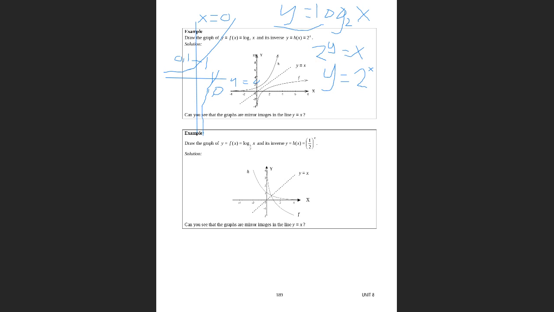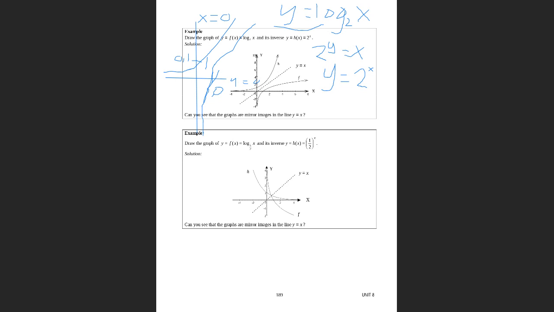Am I audible now? Yes. Okay, good. So as y is increasing, x must also increase. Then you have your graph like this.